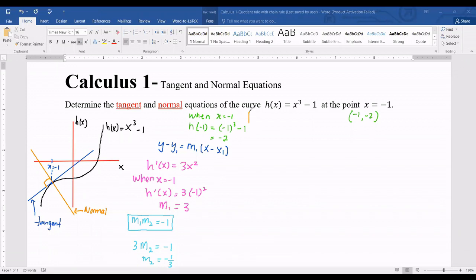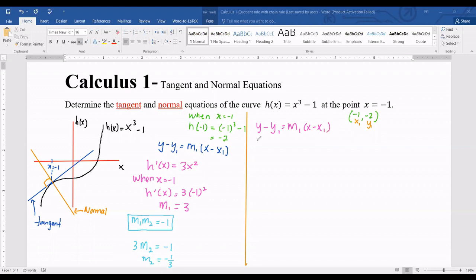So first we're going to determine the equation of the tangent. To find the equation of the tangent, we need to know the coordinates. Just initialize this coordinate with this as x1 and this as y1. The formula is y minus y1 equals m1 in the bracket x minus x1.